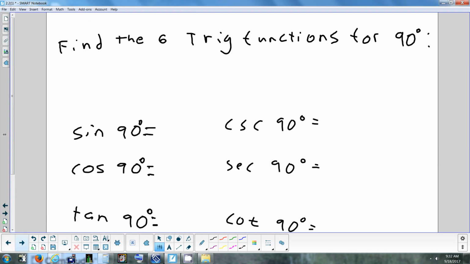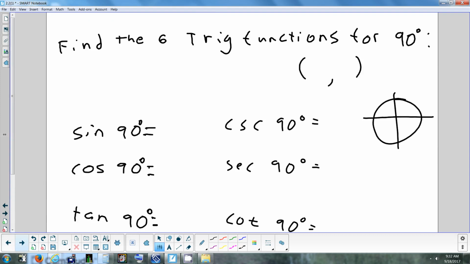Now, what's different about this problem compared to the other three we did? You have the angle, which directly doesn't help you. What do you really need? Location. You need the location for that angle. You need its coordinate. So that's the first step.